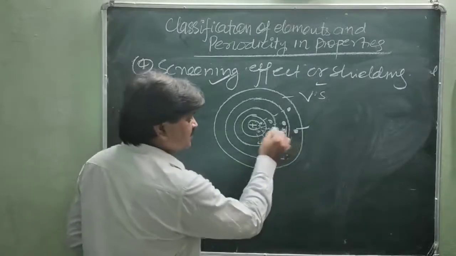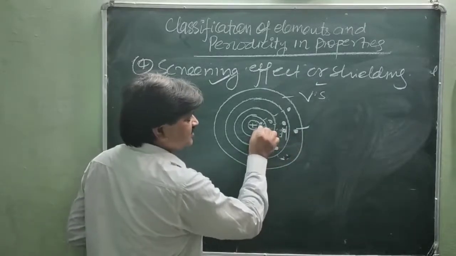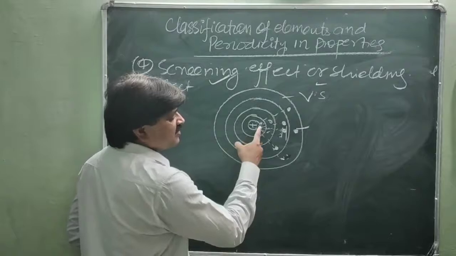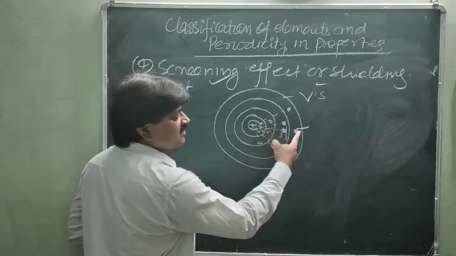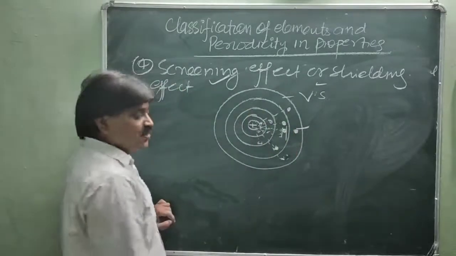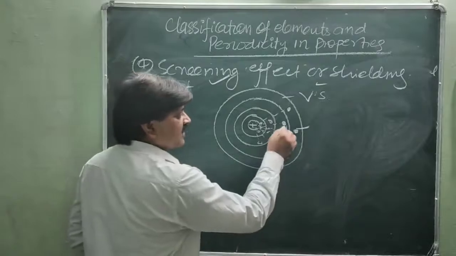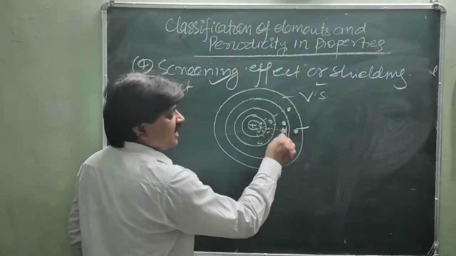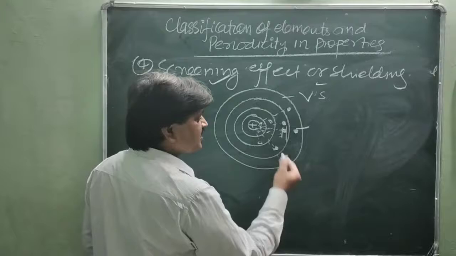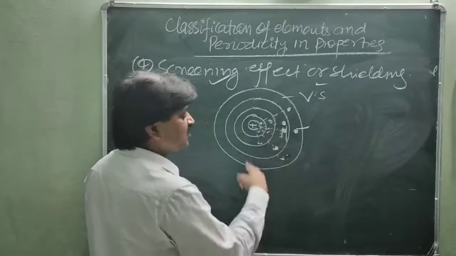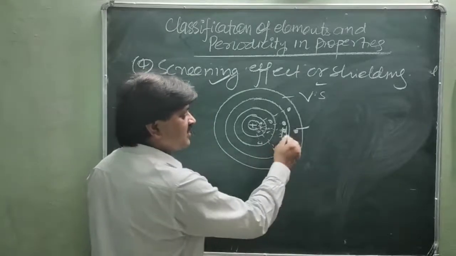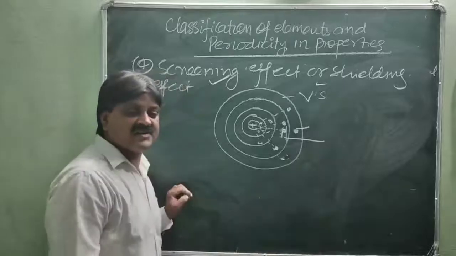So this electron shields the part of the nucleus from where the force of attraction acts on the outermost electron. This existence of the inner shell electron is called the screening effect or the shielding effect.